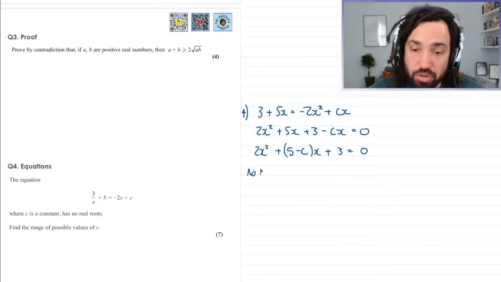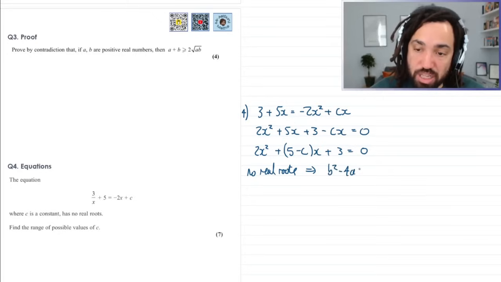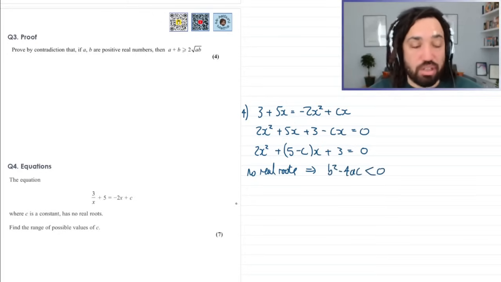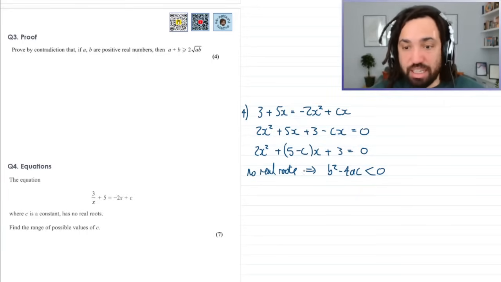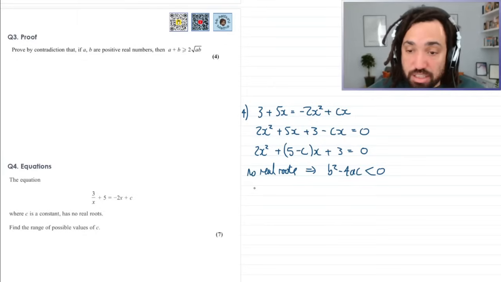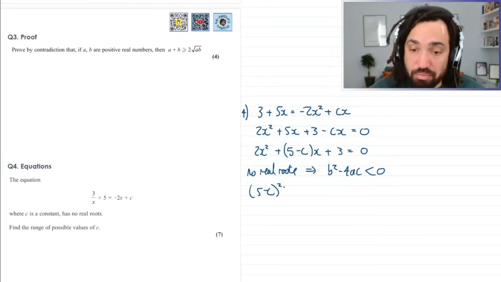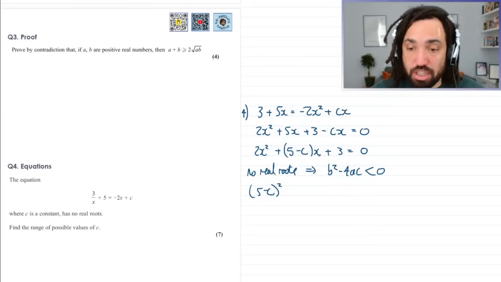So as we have no real roots, this implies that b squared minus 4ac is less than 0. Now I put that line in there just so the examiner knows exactly what I'm doing. So next, let's work out what b squared minus 4ac is. Well, this is the b, and I have to square that, because b is the coefficient of the x.